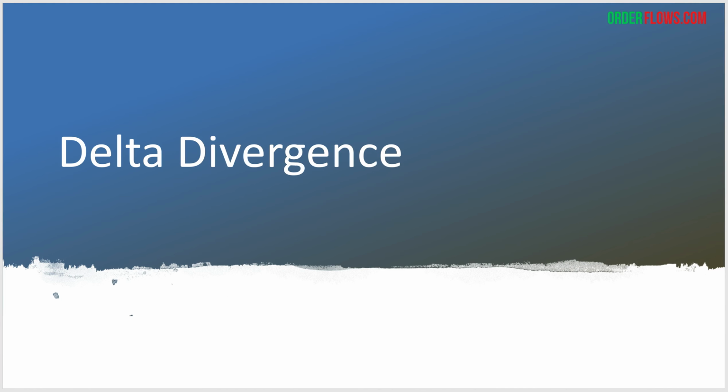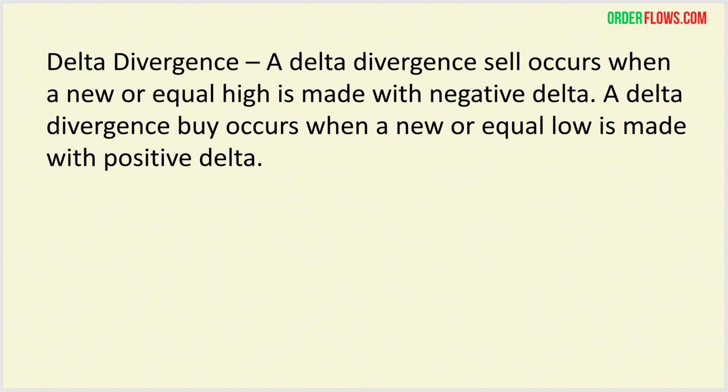So delta divergence, this is the second one I want to talk about. A lot of order flow software has a delta divergence component fixed into it. And what delta divergence is, in the purest sense, is a sell that will occur when a new or equal high is made with negative delta. Because when you make a new high, you expect to have positive delta.